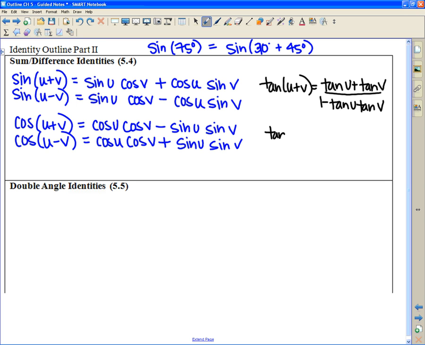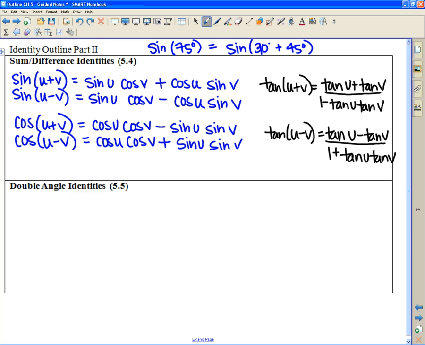And tangent of u minus v equals tangent of u minus tangent of v divided by 1 minus, no, 1 plus tangent of u, tangent of v.